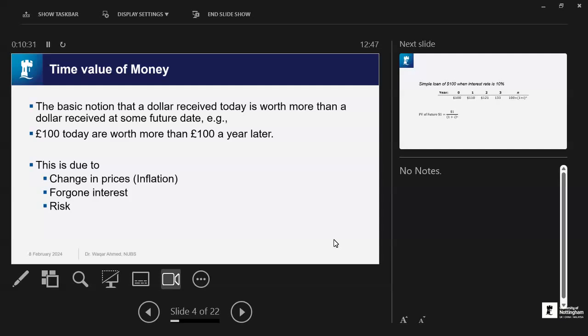So if it's for 5 years, you will have 5 cash flows. You're going to discount each of these 5 cash flows at the appropriate required rate of return and then sum them up. This summation sign is simply dependent on the number of years. So you'll sum up the present value.